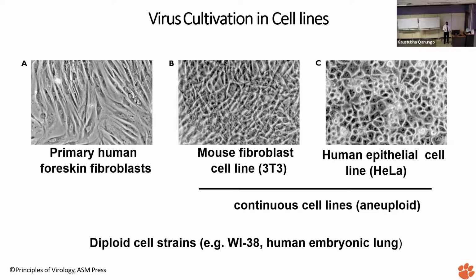So if we just talk about the most famous one, the HeLa: these cells were derived from a cervical tumor from an African-American patient. Her name was Henrietta Lacks. She went to Johns Hopkins, and the scientists, without telling her, operated and removed the tissue, and they put it in culture.